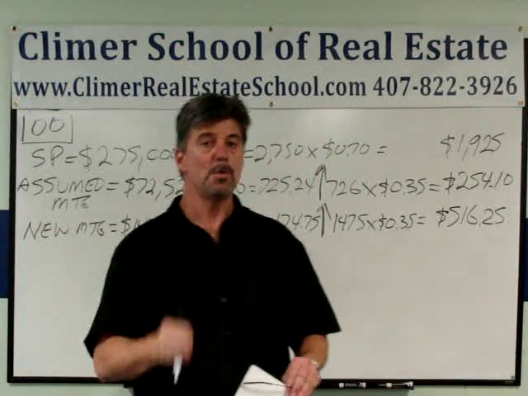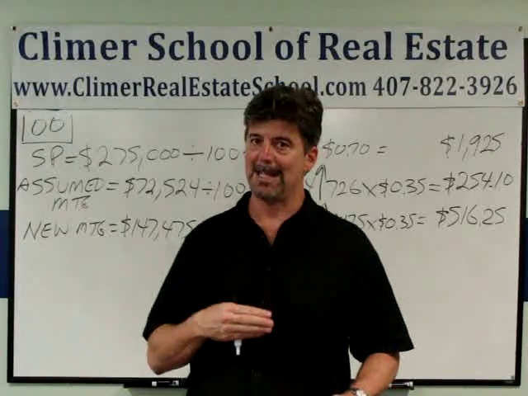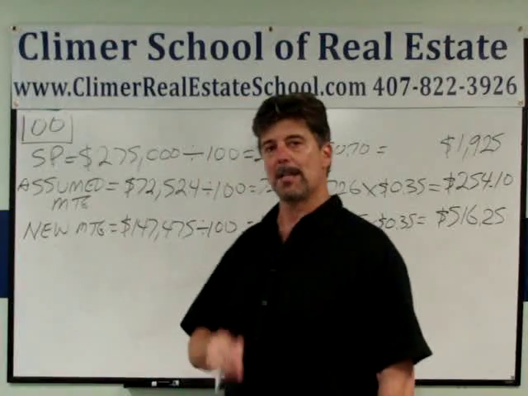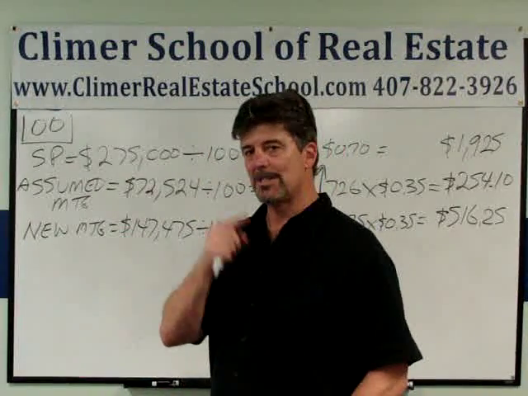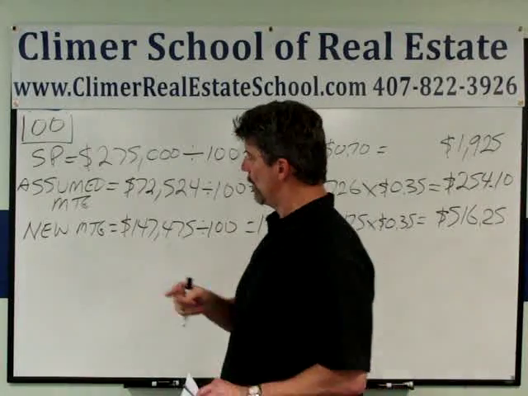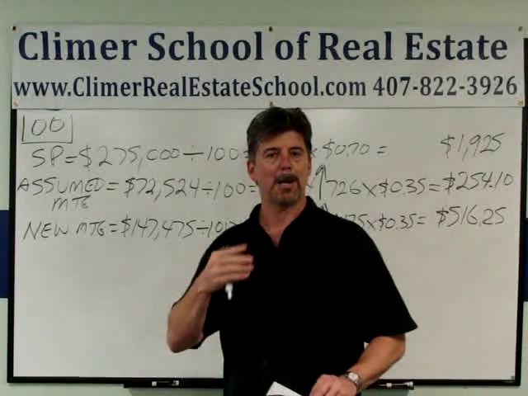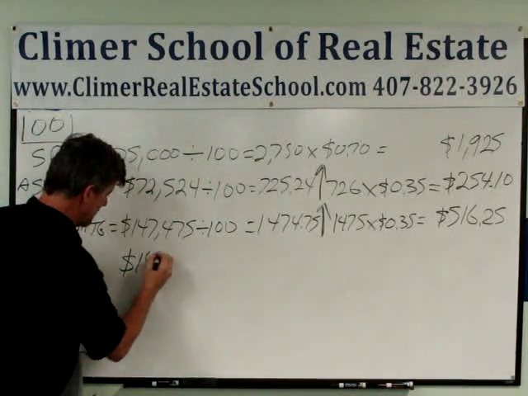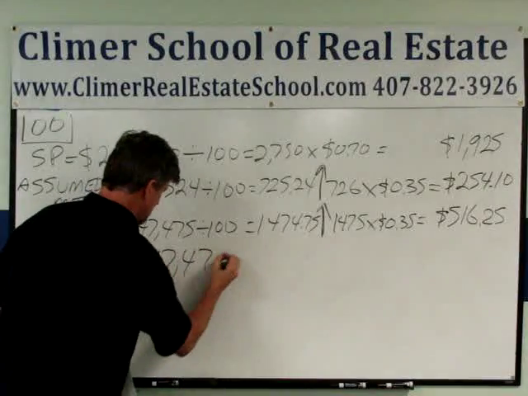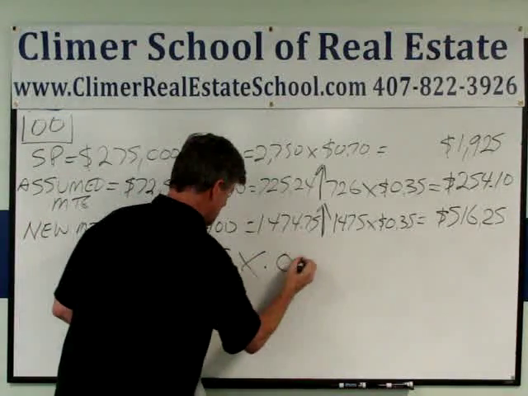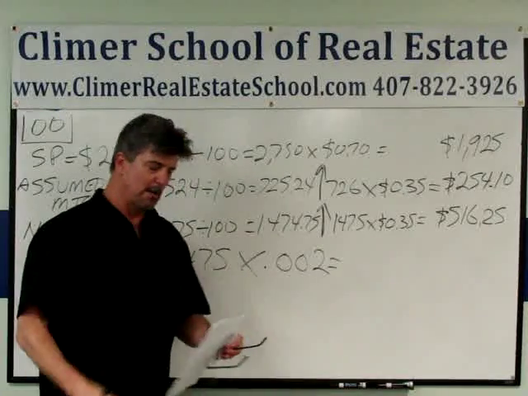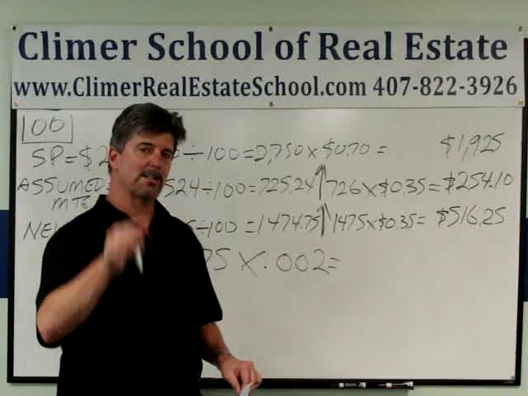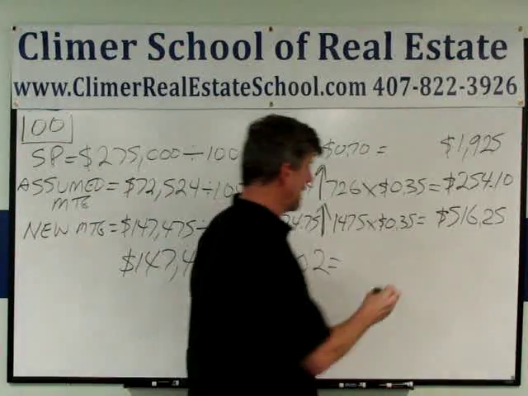Since this is a new mortgage, now we have to pay intangible tax. Intangible tax is not a stamp. It's a flat tax, and it's 2 mils, or 0.002. So all we do is take that mortgage amount and multiply it by 0.002. And again, if my math is correct, $294.95 in the form of an intangible tax.